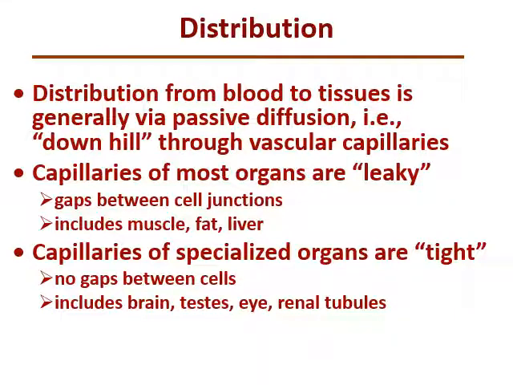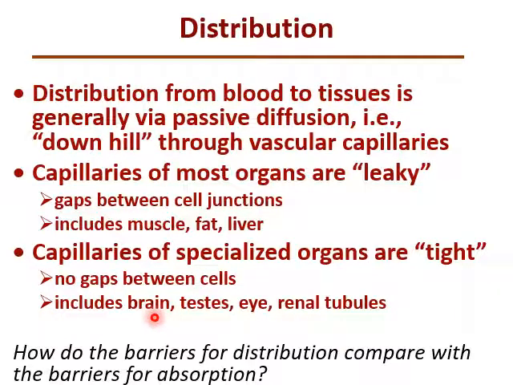On the other hand, there are capillaries of specialized organs that have what are called tight junctions. The individual cells of the capillaries are contacting each other, so there's no gap in between the cells, and those capillaries are found in very particular tissue. Brain is the number one tissue where there's tight junctions in the capillaries, but also the testes, the eye, and the renal tubules.